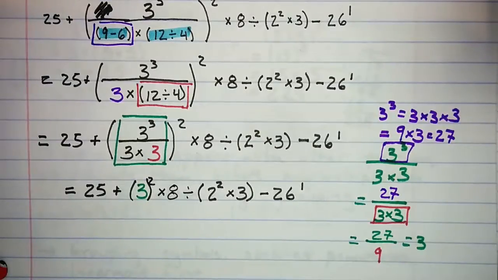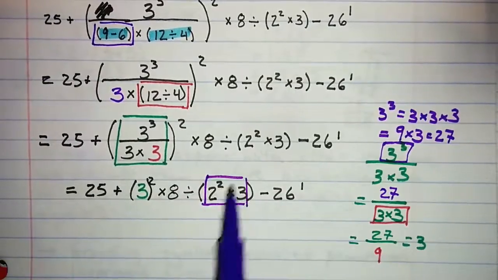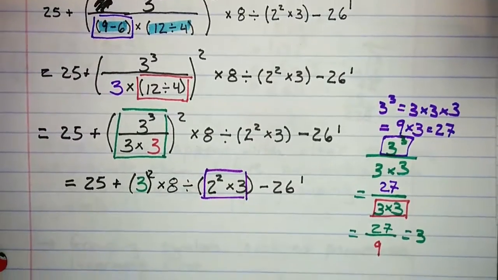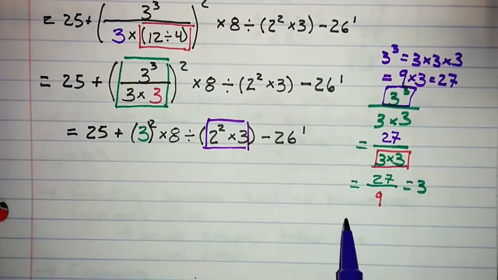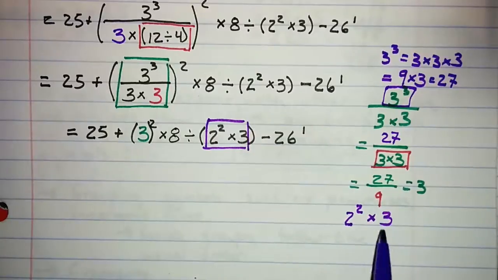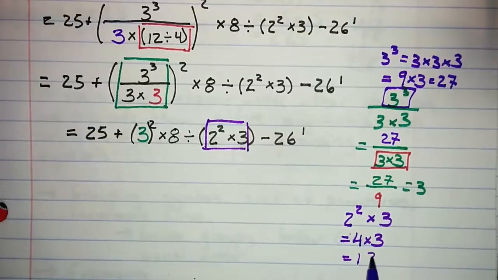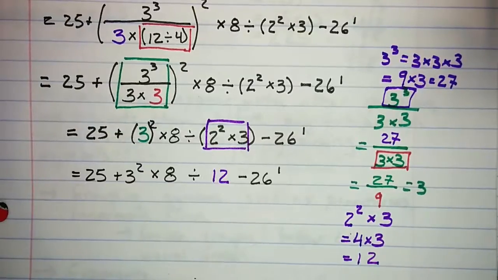The only grouping symbol that remains is this one. Inside I have 2 squared times 3. 2 squared, that's 2 times 2, that's 4. 4 times 3, that's 12. And now I have no grouping symbols remaining.